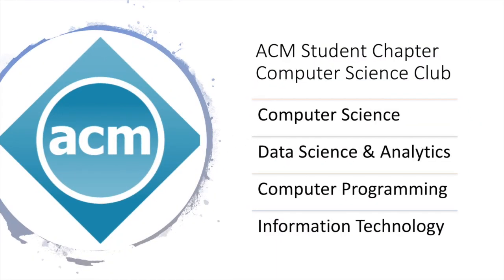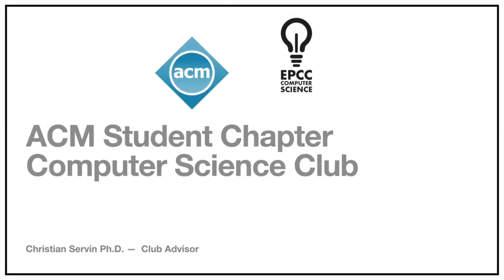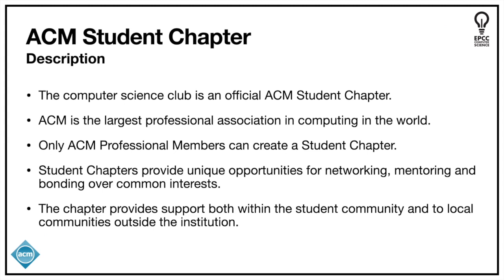Another exciting component we have is the ACM Student Chapter Computer Science Club. Here, a couple of the computing areas, as you can see right here, they meet and they develop fun activities. The Computer Science Club is the official Association for Computing Machinery, ACM, student chapter.